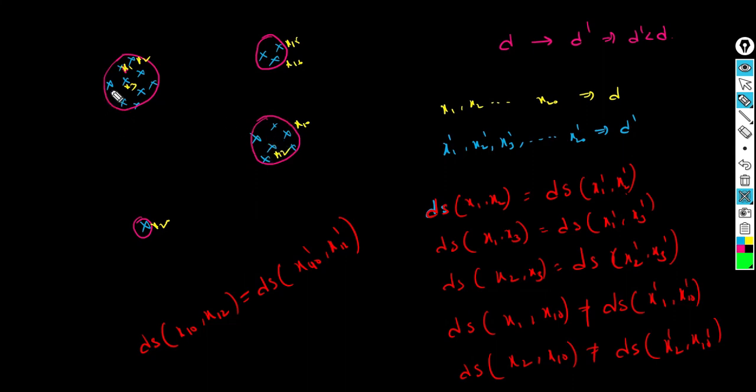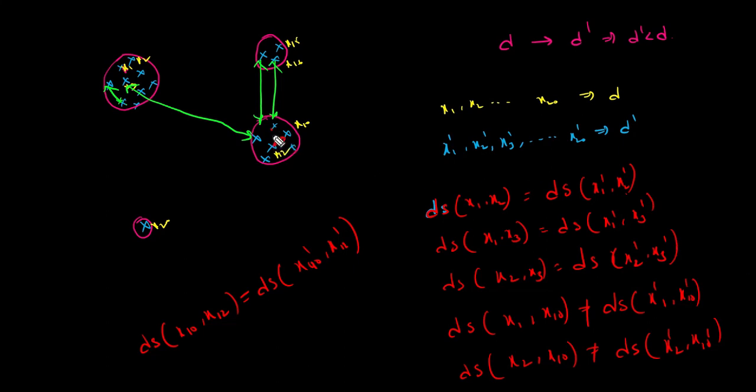For example, we preserve the distance between these points after applying t-SNE, but we do not preserve the distance between these points and those points. Similarly for these points. But we preserve the distance between the internal points, that is the neighbor points.